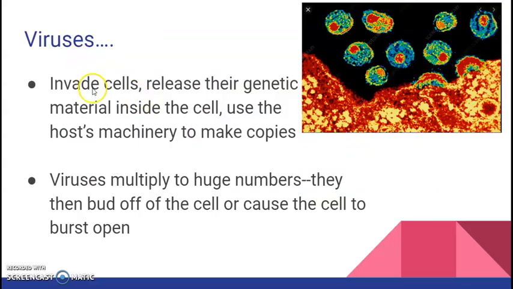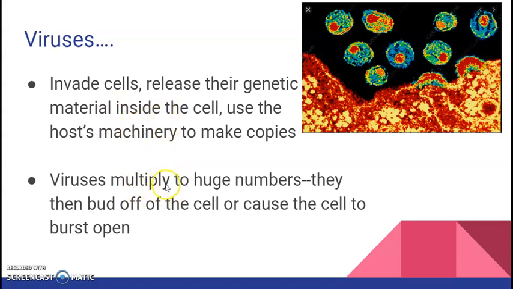What viruses do is they invade cells, they release their genetic material, the DNA or the RNA, and then they use the host machinery. So what is it in the host cell that makes DNA, RNA, and protein? Think about that. They use all the host machinery to make copies of themselves.